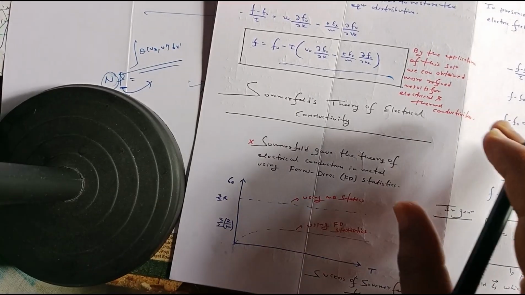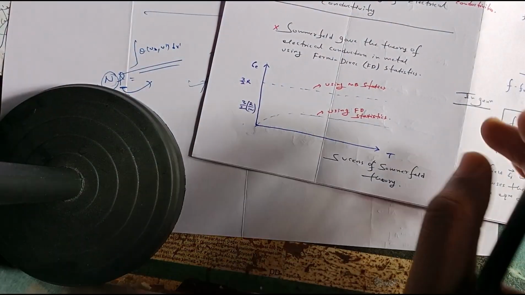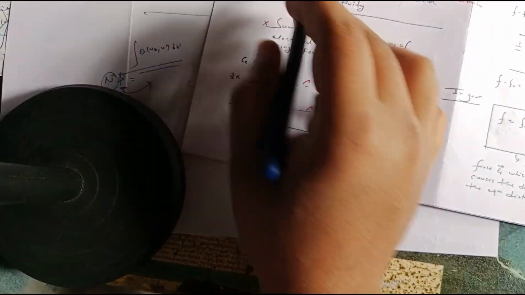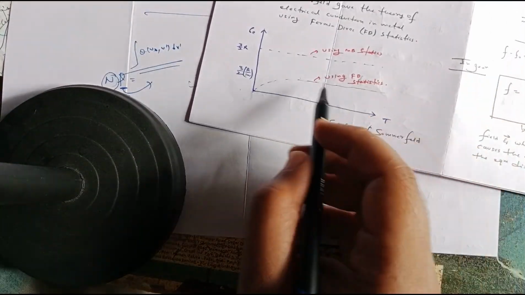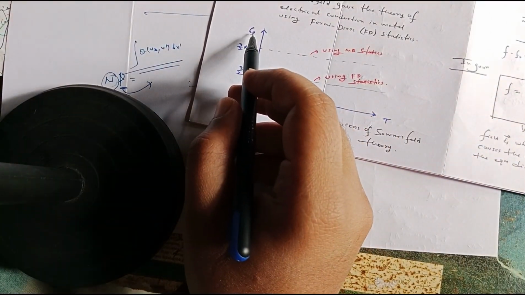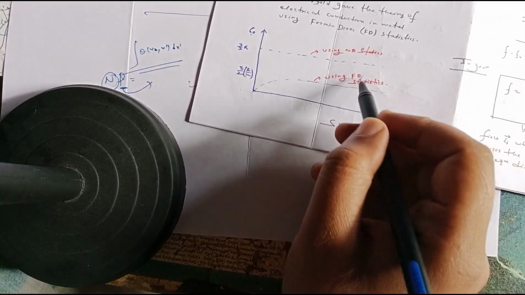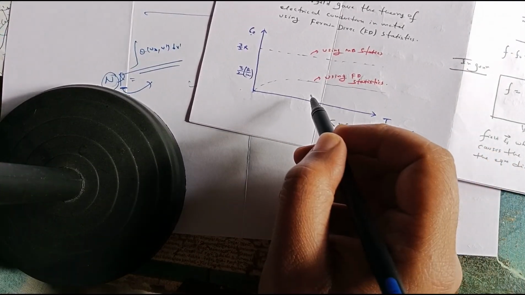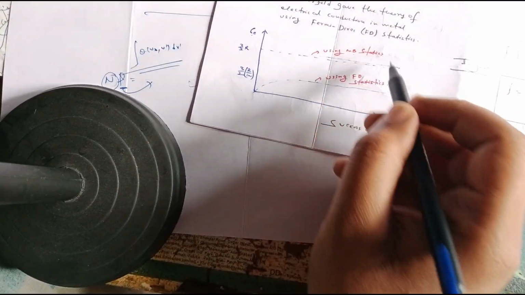See how important these distribution functions are. I'm not talking about this distribution function. See this. When people calculate the electronic specific heat without considering any kind of Fermi Dirac distribution, they obtain this one, using MB statistics.